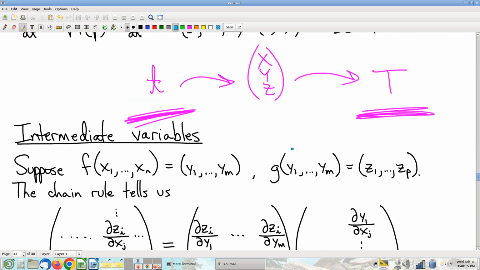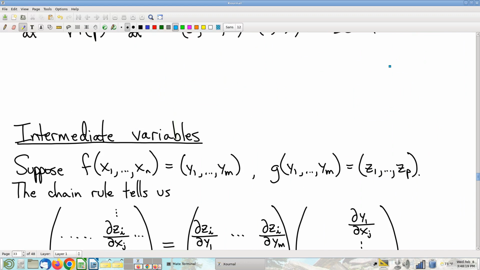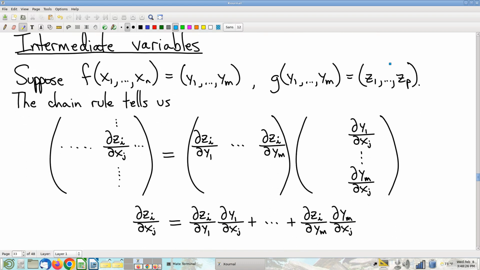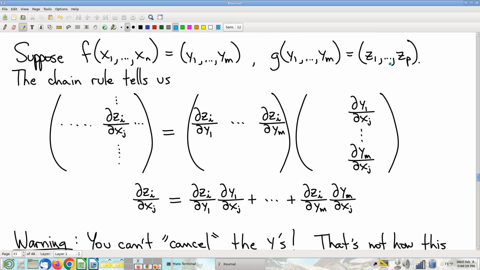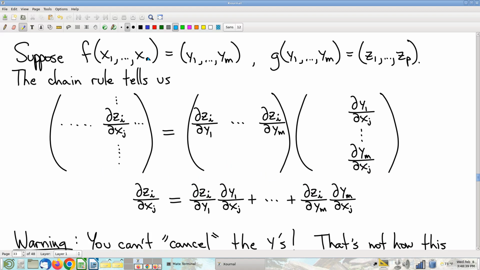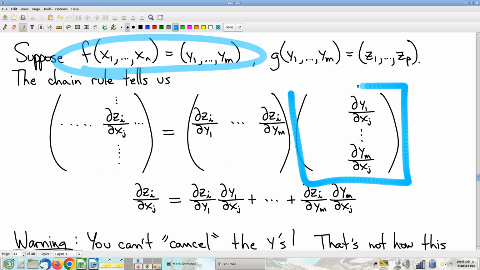Okay, so those are just special cases of the more general chain rule, and I like to connect dots sometimes. Okay, different point of view now on the chain rule. Here's our chain rule again. The derivative of a composition is the product of the individual derivative matrices. My first function gives the y's as functions of the x's, and there's the derivative of that first function.